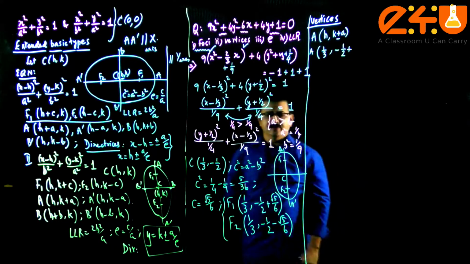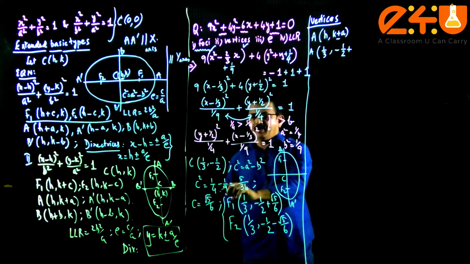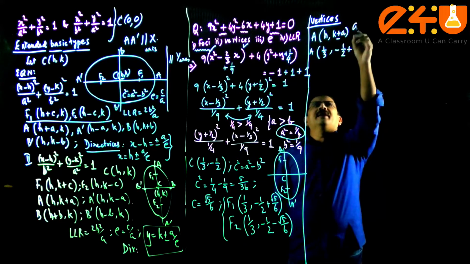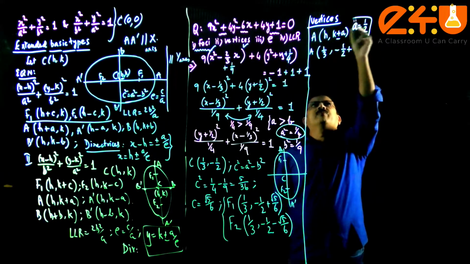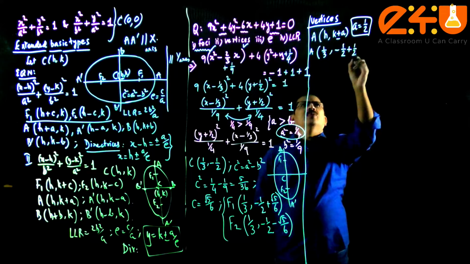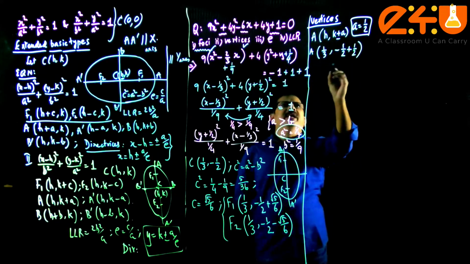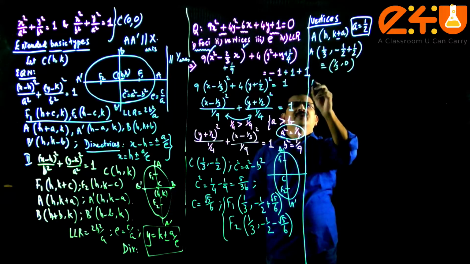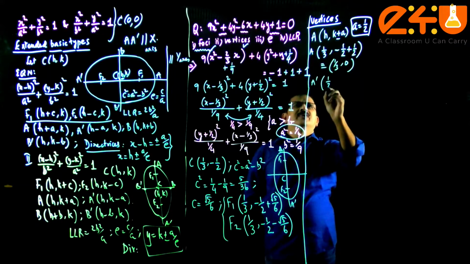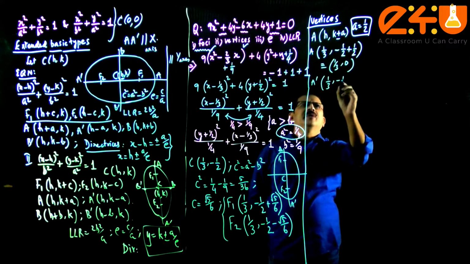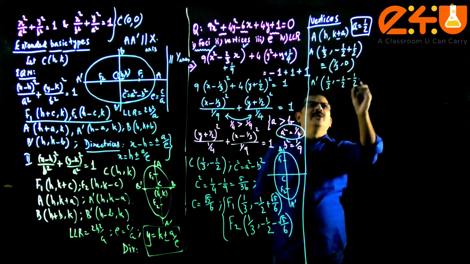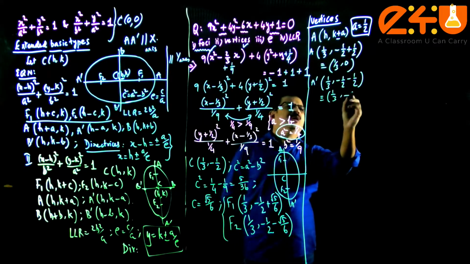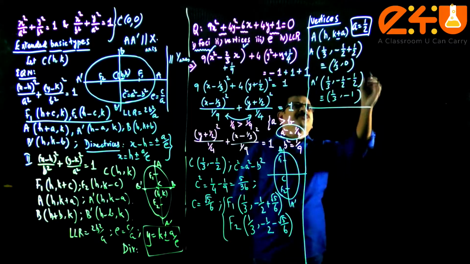What is a here? We got 1 by 4 as a squared, so a is 1 by 2. So add 1 by 2, which means I get 1 by 3 comma 0, one of the vertices. Other vertex will be 1 by 3 comma minus 1 by 2 minus 1 by 2, which is at 1 by 3 comma negative 1.